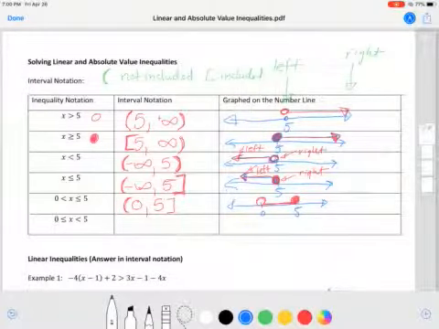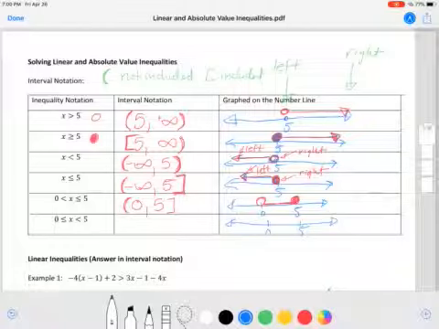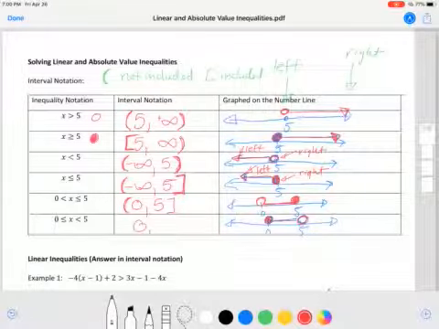Okay, last example in our chart here. It's the same as the previous example, only we're switching the numbers that are included. I want to include 0 in this one, not include 5, and I want everything in between. So here's my interval. So on my left I have 0. On my right I have 5, but this time 5 is not included and 0 is.